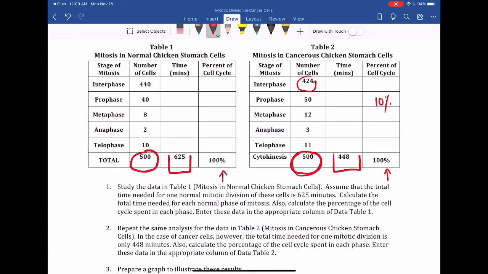Okay, and so on and so forth. And then you'll multiply those percentages times the total amount of time to get your minutes that it would take. Okay, and so that one was easy to do because it was 10%. And so you'll figure out the minutes for each one. So that kind of describes step 1 and 2.